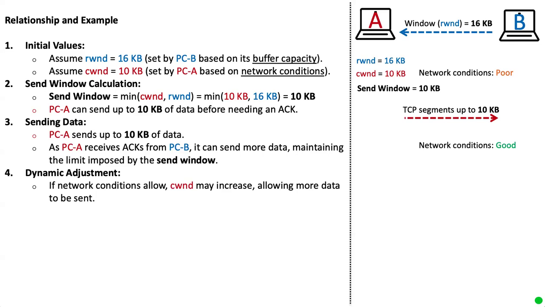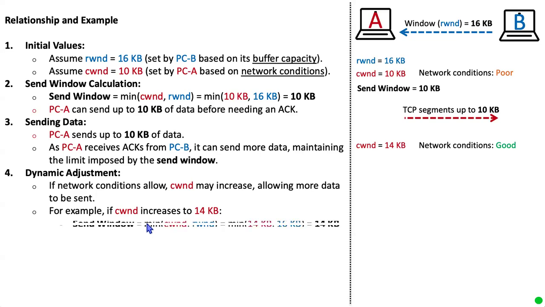Let's say network conditions change. The network conditions are now a little better, as determined by PCA. So in this case, let's say the congestion window, because the network conditions are better, is allowing more data to be sent. Now our congestion window, let's say, is calculated to be 14,000 bytes. Let's take a look at what our send window is.